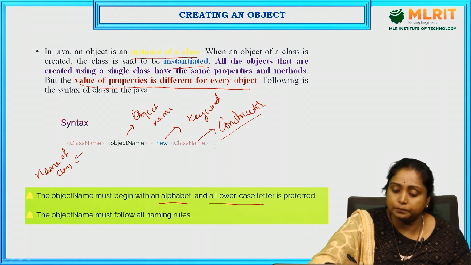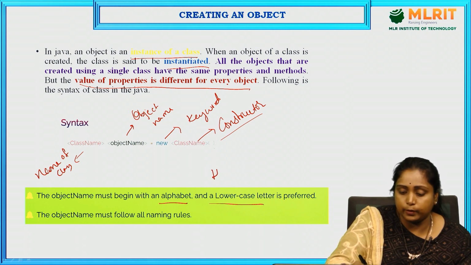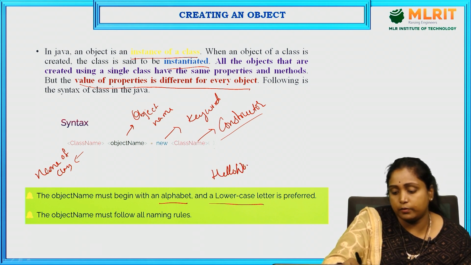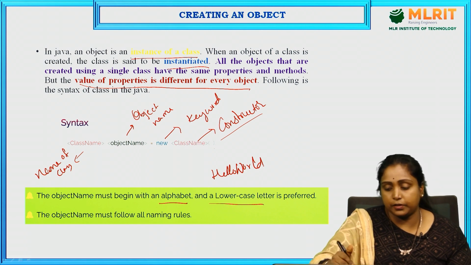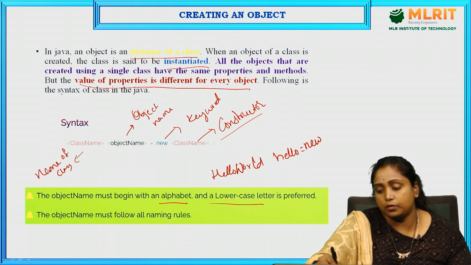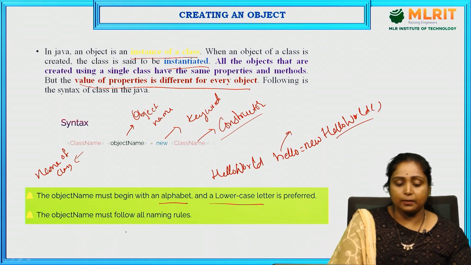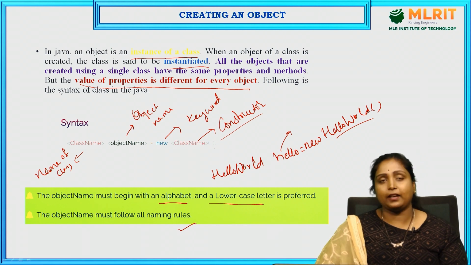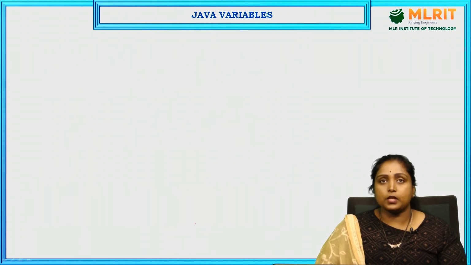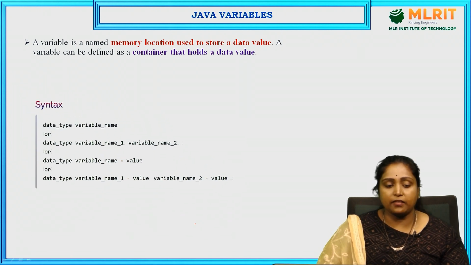For example, for the class HelloWorld, I would write hello equals new HelloWorld. The object name must follow the naming rules which I have mentioned before. How you declare a Java variable is this one; I already showed you.